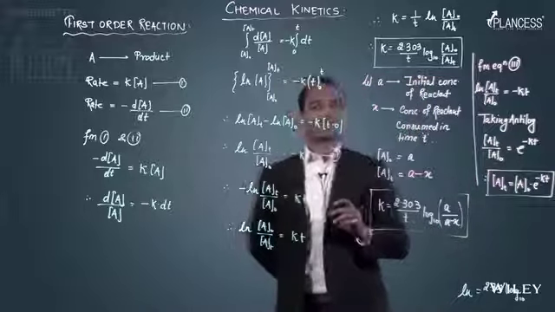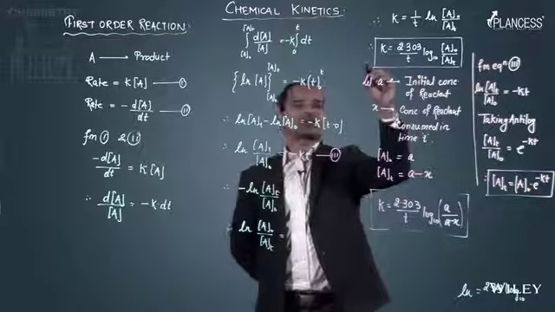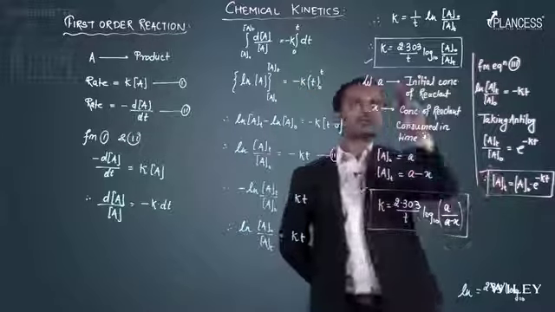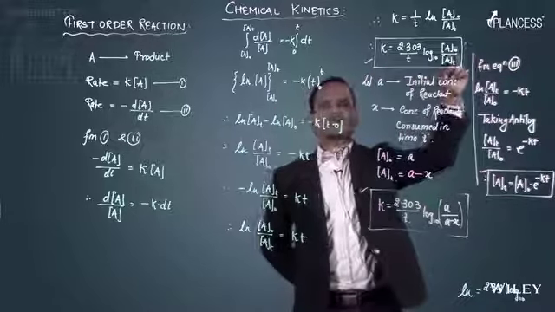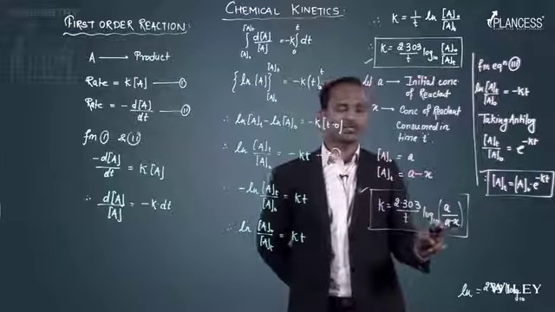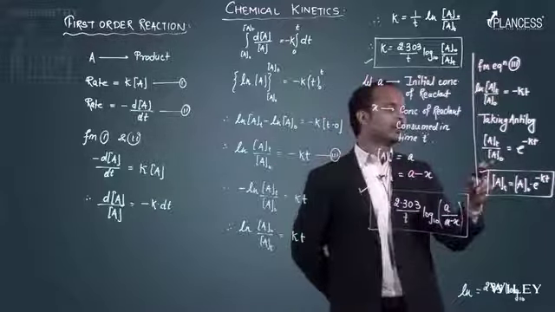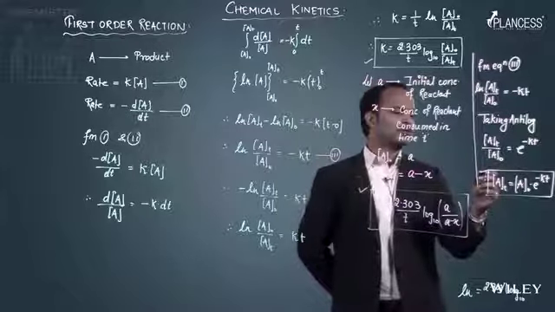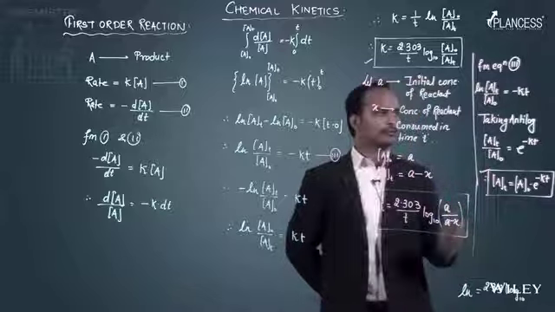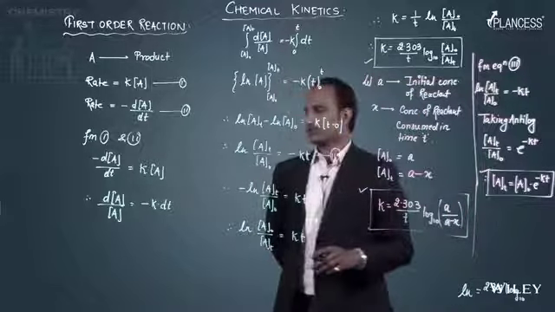So ultimately we have three different forms for the first order reaction. This is the first, the second, and this is the third one. This is in terms of the initial and the left amount. This is in terms of the initial amount and the amount consumed, that is x, and this is the exponential form, and this exponential form formula is sometimes asked in MCQs. So this is about the first order reaction.